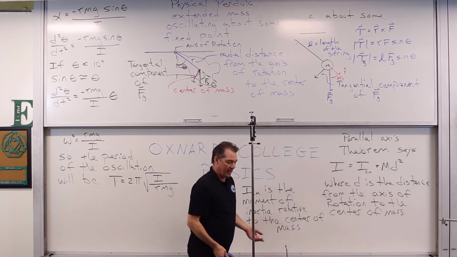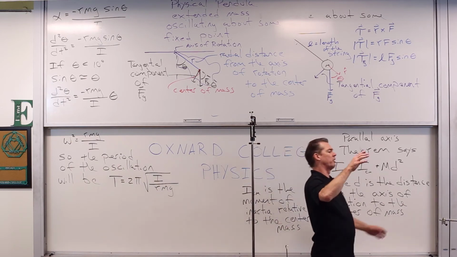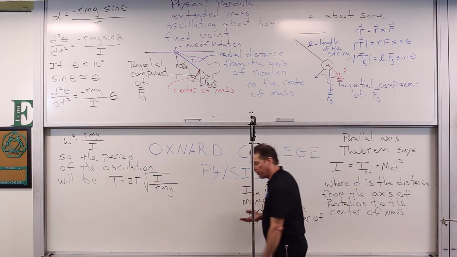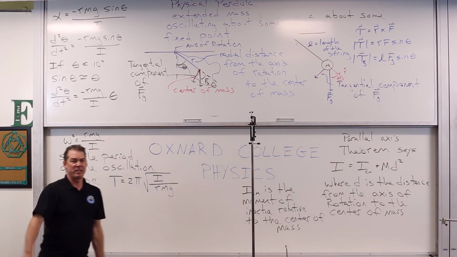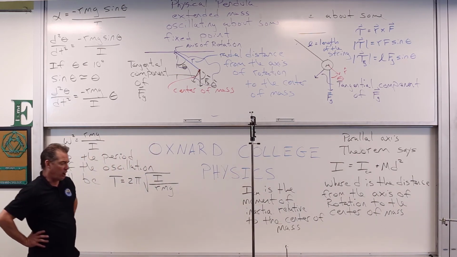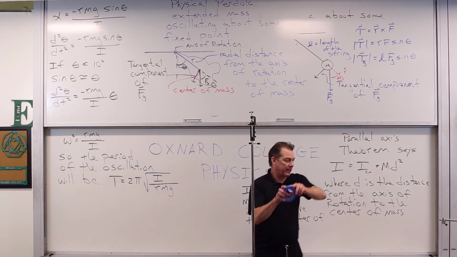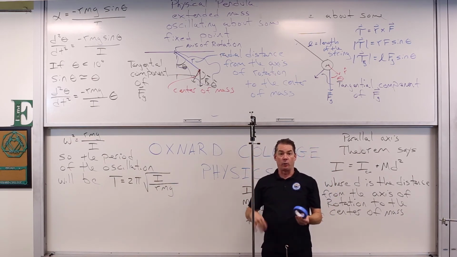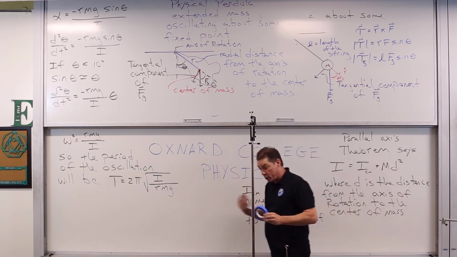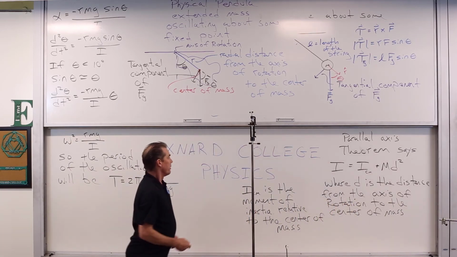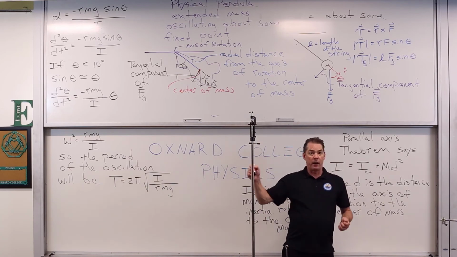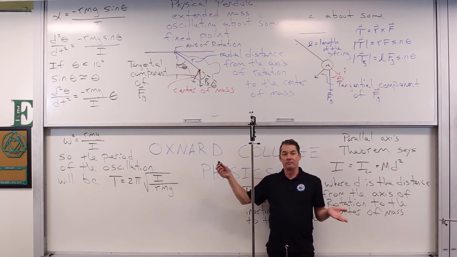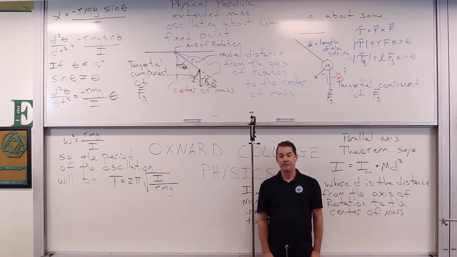So if we said that it was a solid cylinder, the moment of inertia relative to the center of mass of a solid cylinder is 1/2 mr squared. If we say we're on the outer edge of that solid cylinder, such that we have it oscillate back and forth relative to being fixed on its outer edge, well, the radial distance from its center to its outer edge is equal to its radius. So the moment of inertia would be 1/2 mr squared plus mr squared, which would give us 3/2 mr squared.